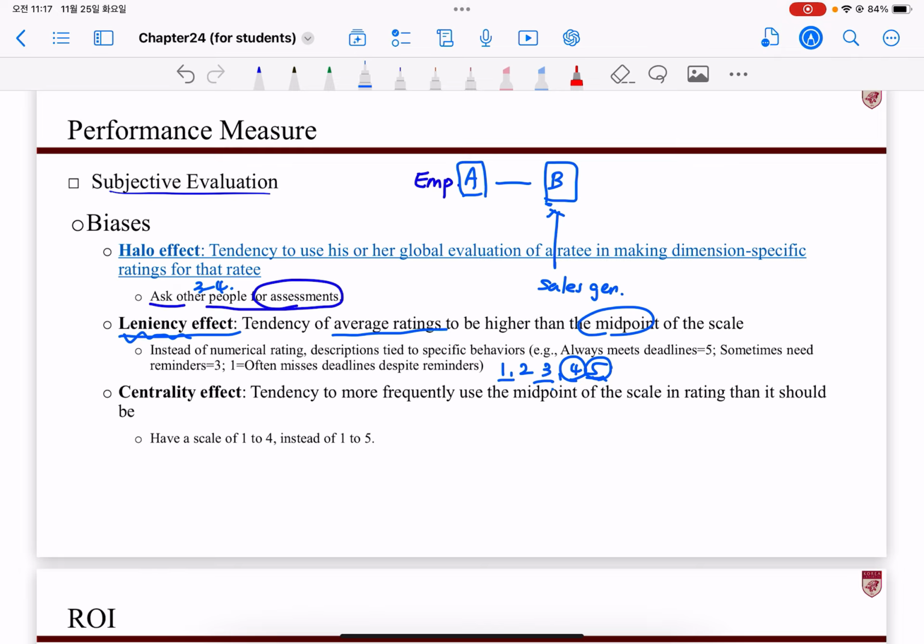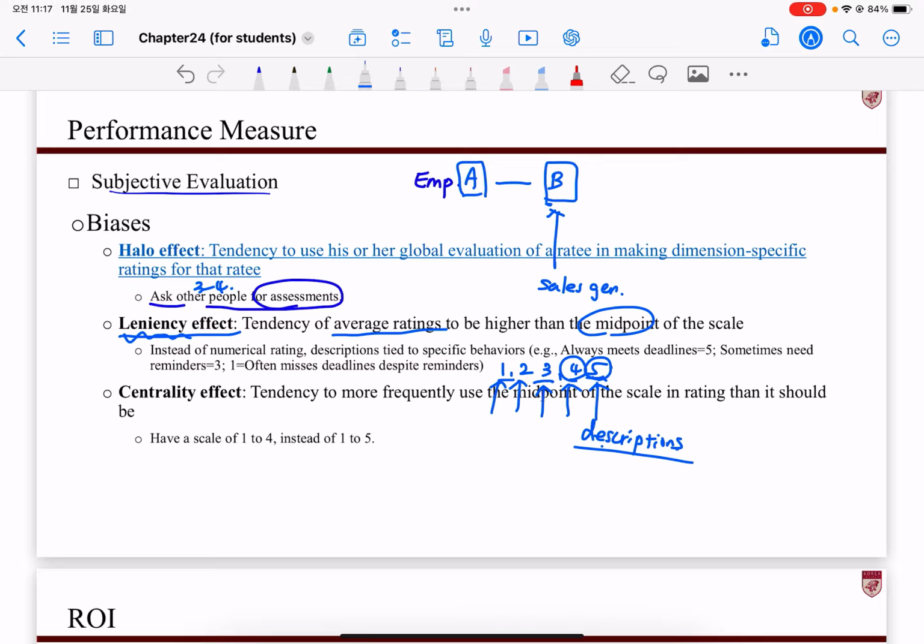So in order to mitigate the leniency effect, in terms of rating, instead of providing a numerical rating only, you can tie these numerical ratings to a detailed description of what each numerical rating would be about, right?